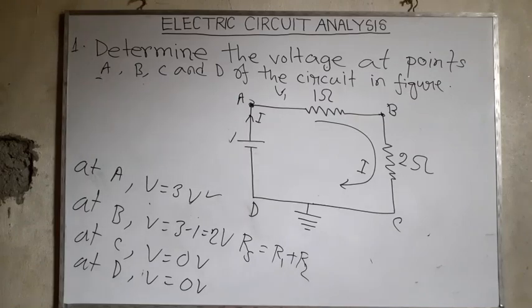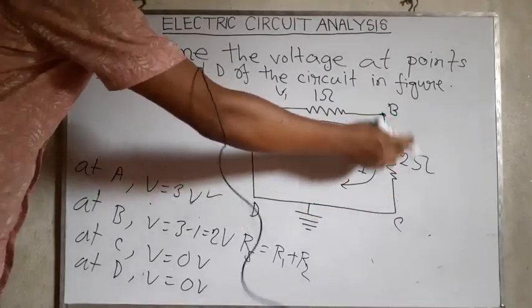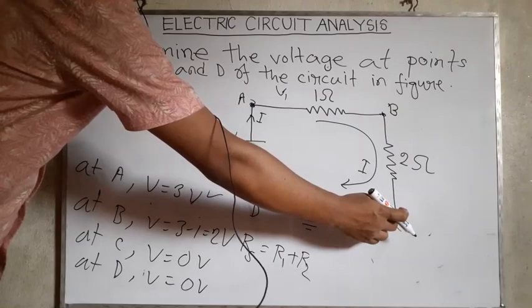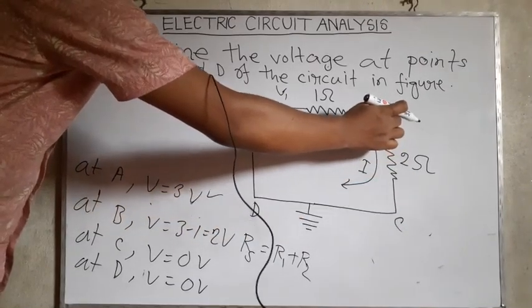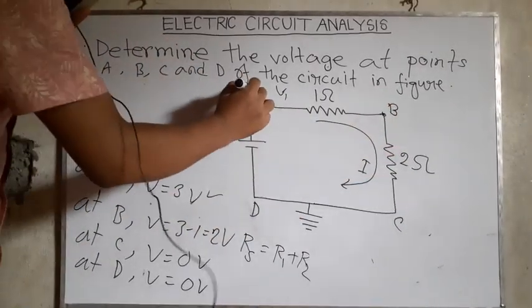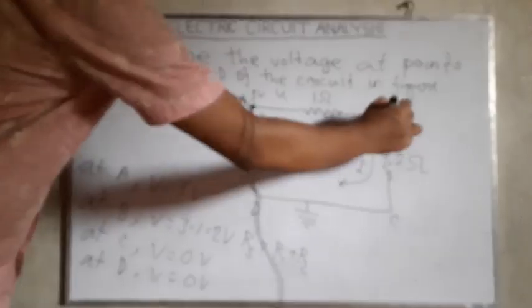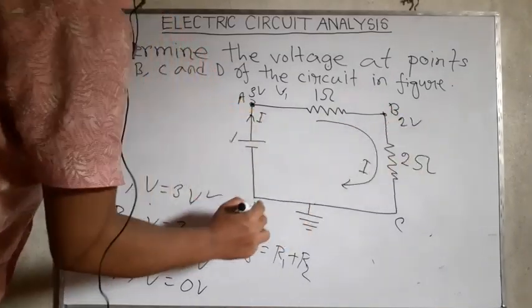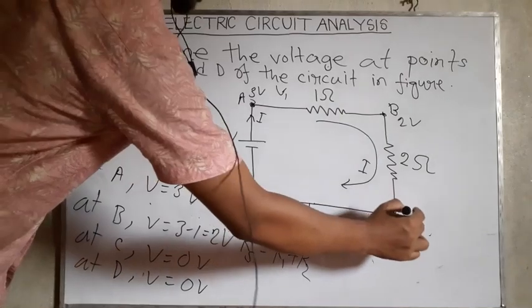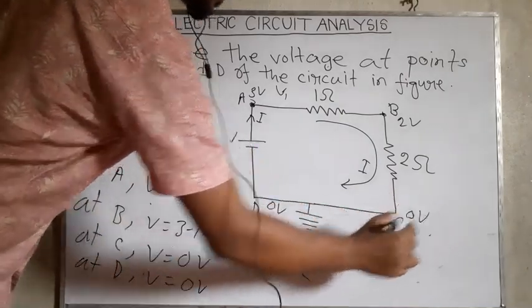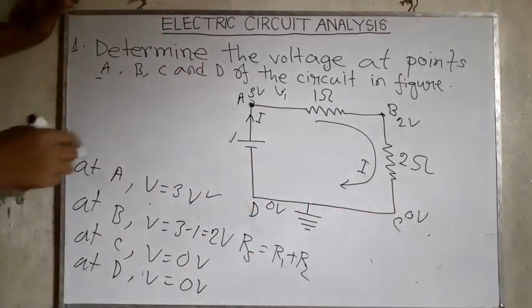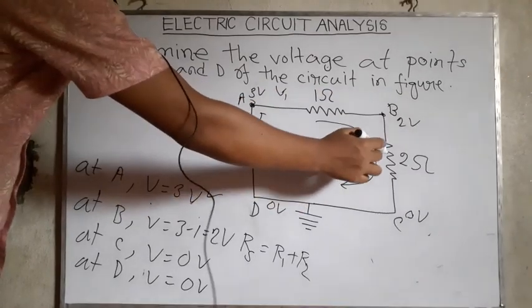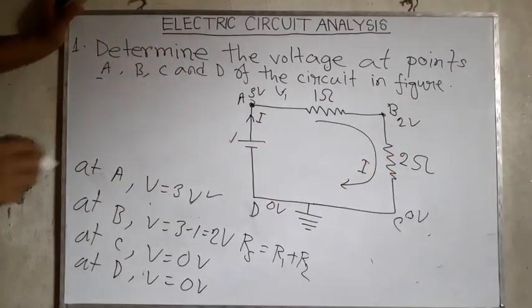We can verify this by Ohm's law. Here the potential at point C is 0, at point B is 2 volt. Here at point A 3 volt, at point B 2 volt, here 0 volt, here 0 volt. Now, we know current I is equal to 1 ampere and here the resistance is 2 ohm.